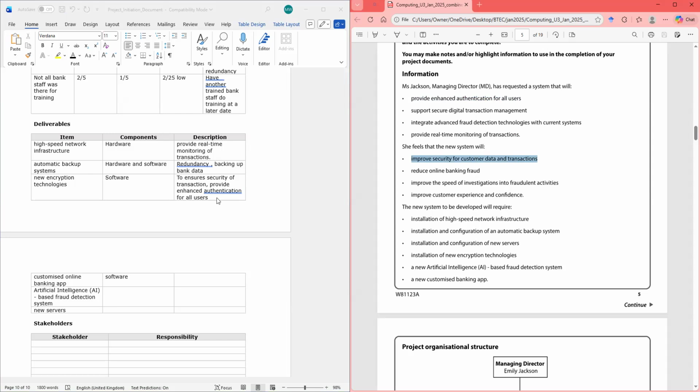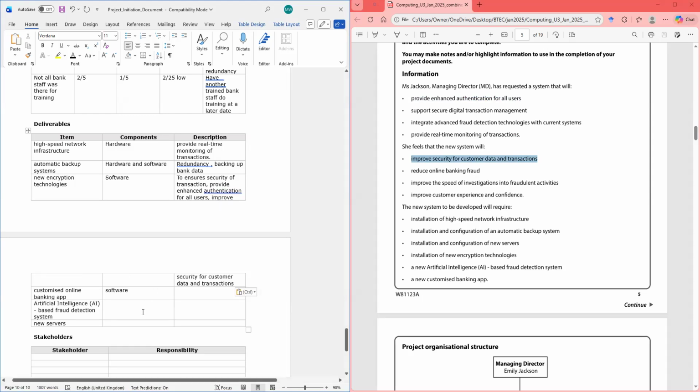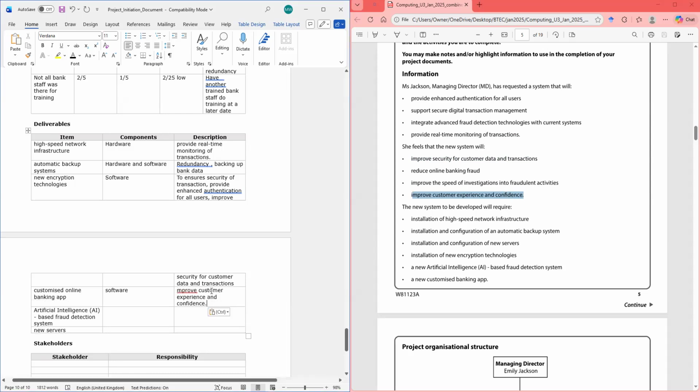So we can put some more here. Improve customer experience. Control C. So we're going to improve customer experience with the app.